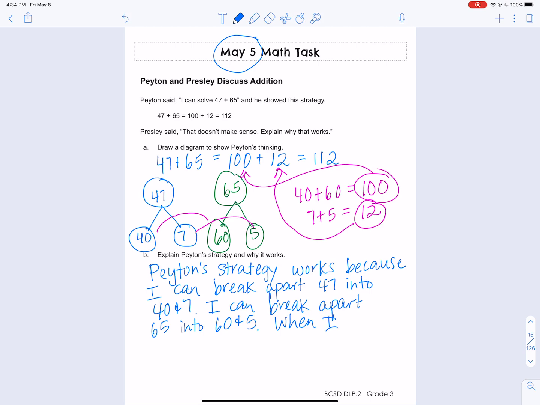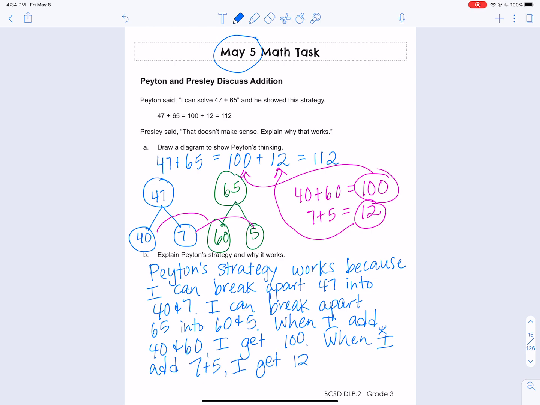When I add 40 and 60, I get 100. When I add 7 plus 5, I get 12. Finally, I add 100 plus 12 to get the final sum.